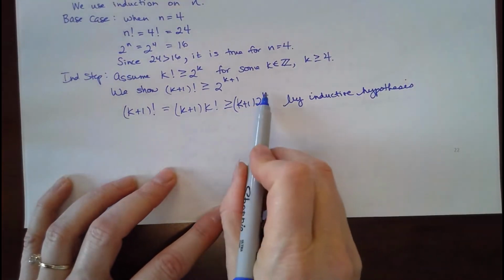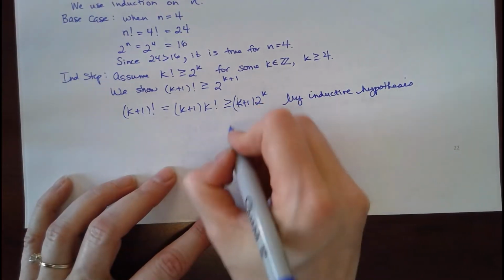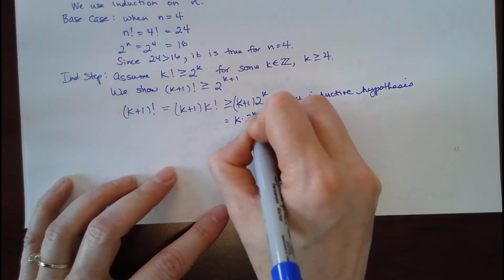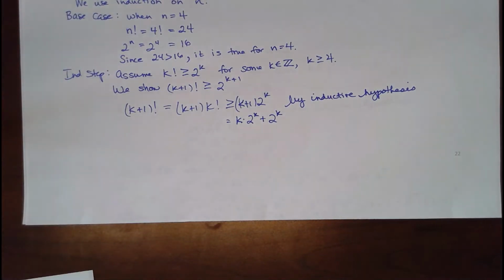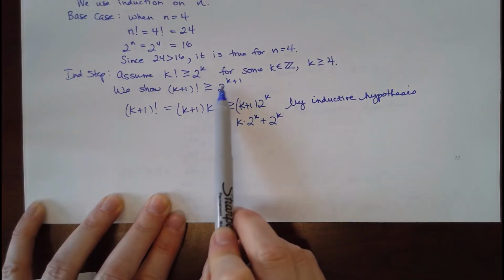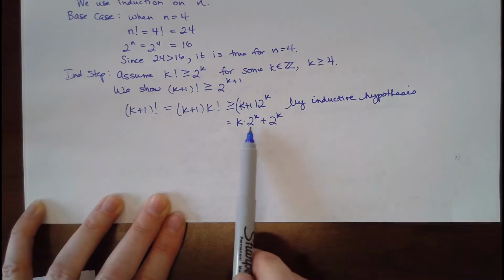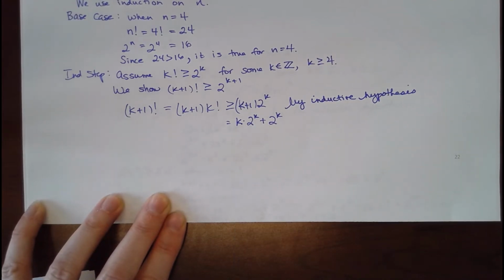Let's distribute this through so that it's the same thing as k times 2 to the k plus 2 to the k. Now, what I really would like, so if I look at this, 2 to the k plus 1, the way that I get that is multiplying 2 to the k by 2, right?